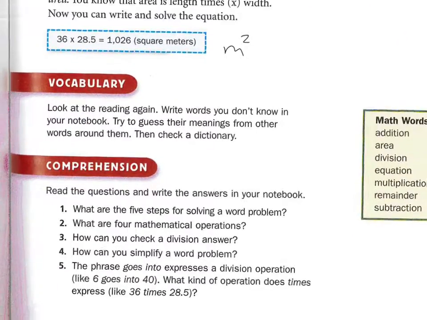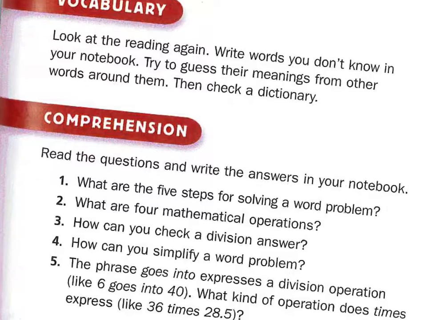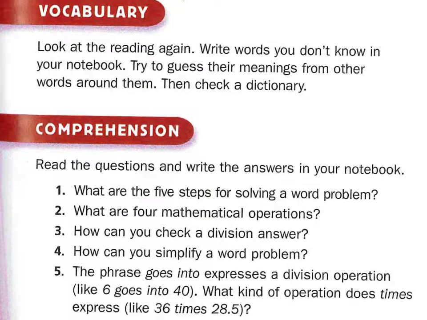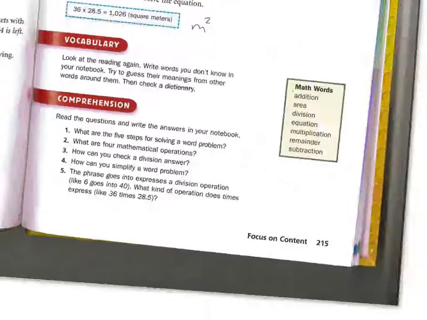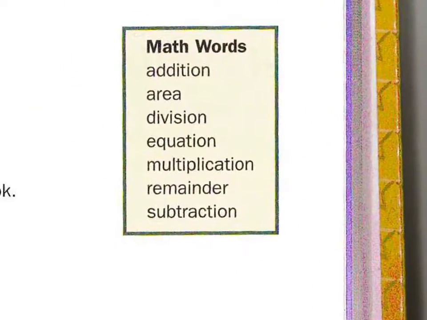Vocabulary. Look at the reading again. Write words you don't know in your notebook. Try to guess their meanings from other words. Then check them using a translator, Google Translator, etc. So here are the questions. By the way, here's a nice list of vocabulary words.